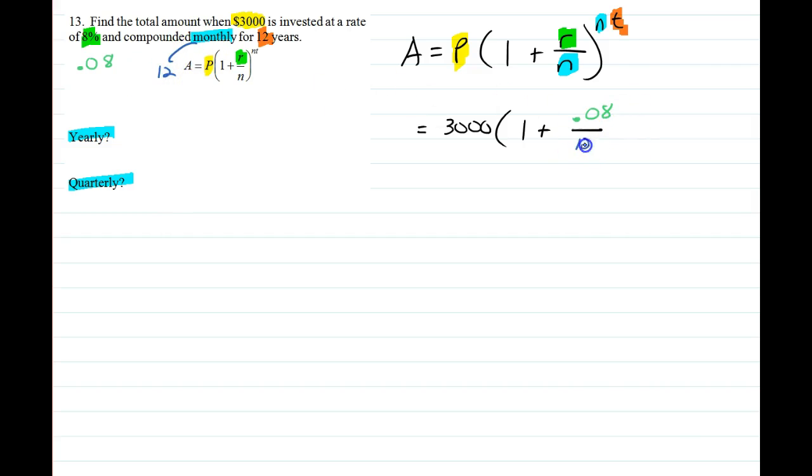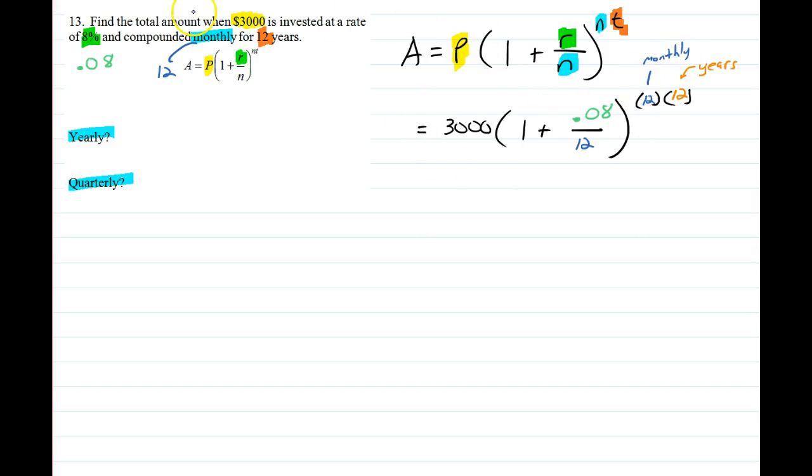So we have to put a 12 here, and also a 12 up here. And then finally our time, which was 12 years. Okay, so this one represents 12 years, because that's the time, whereas this 12 means monthly.